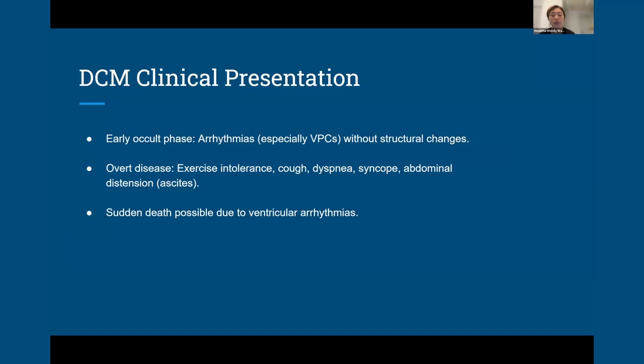The first few clinical signs are very similar to mitral valve disease, but one more distinguishing feature is the abdominal distension, the ascites, because this is more affecting the right side of the heart instead of the left side. So the backflow of the blood will go into the abdominal cavity, resulting in fluid and ascites. And sudden death may occur due to ventricular arrhythmia.